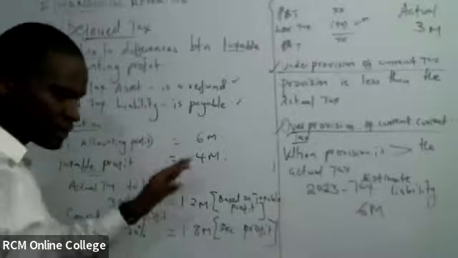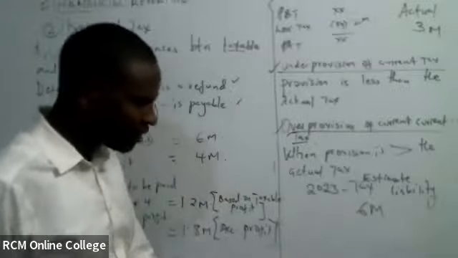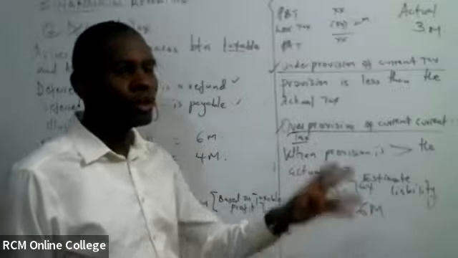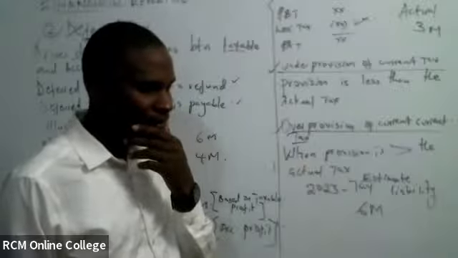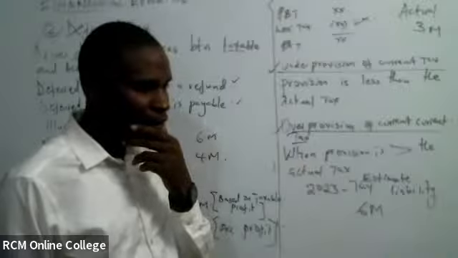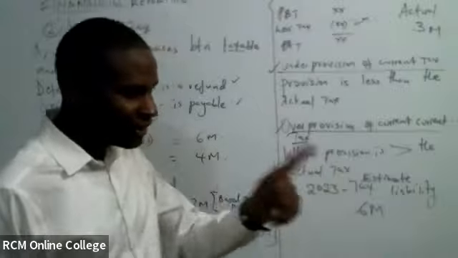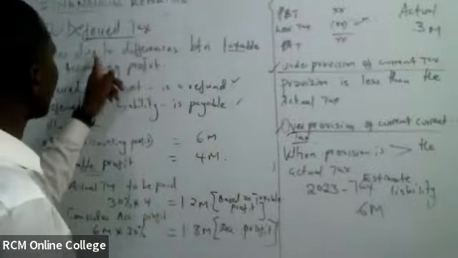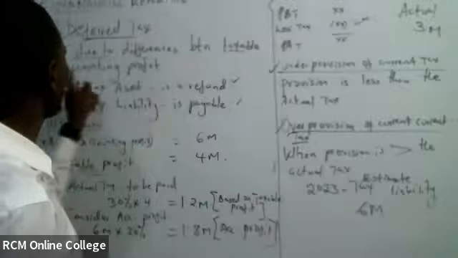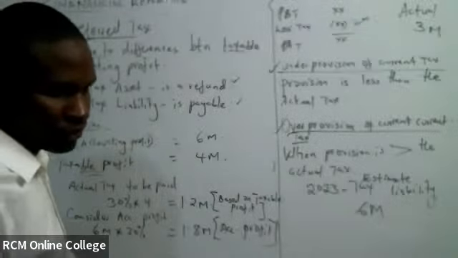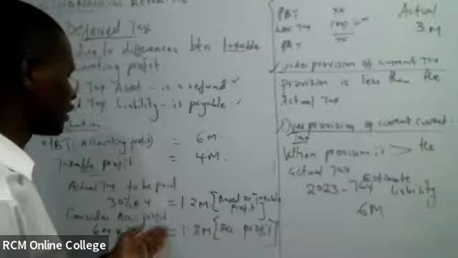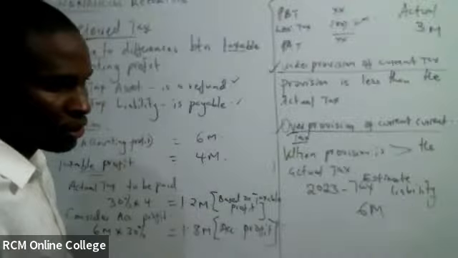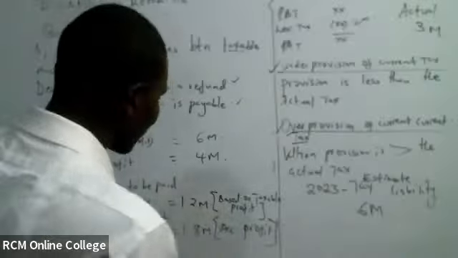Now, what have you said? Or maybe before I even open this to you, please give me the deferred tax. How do we get the deferred tax? It arises due to the difference between the taxable and accounting profit. Yes, 0.6 million or 600,000. That's very correct.